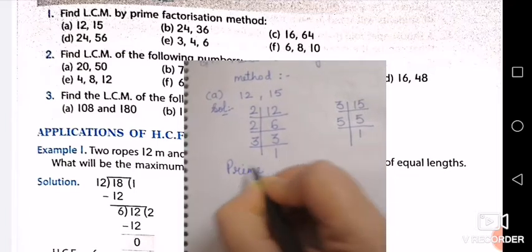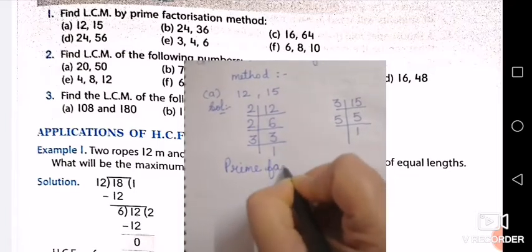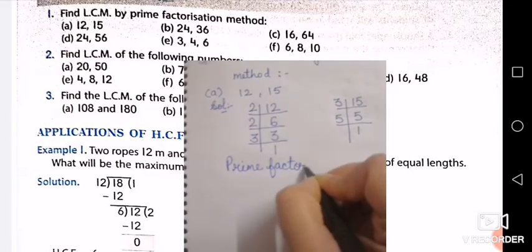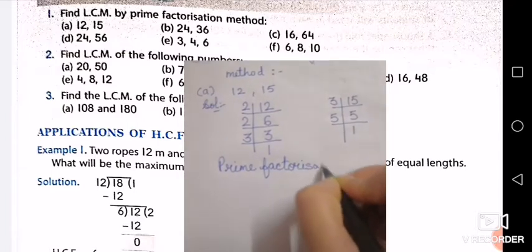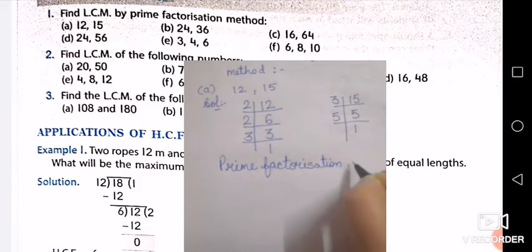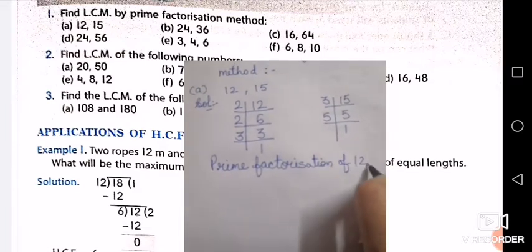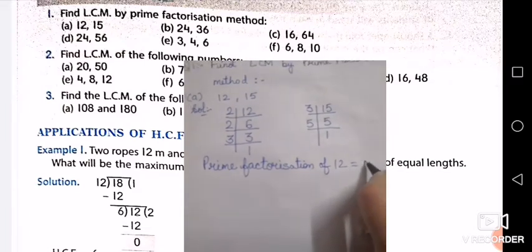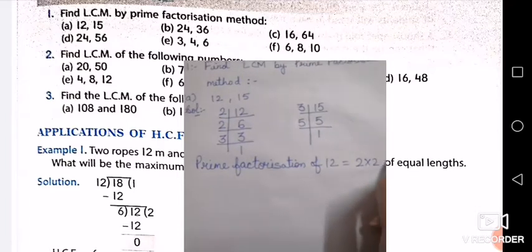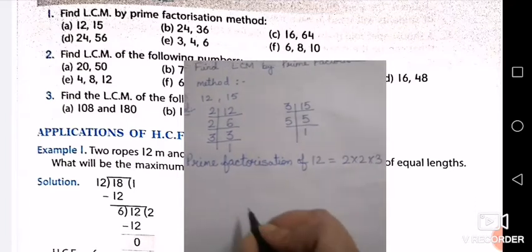Now the prime factorization of 12 we will write, which is equal to 2 multiplied by 2 multiplied by 3.